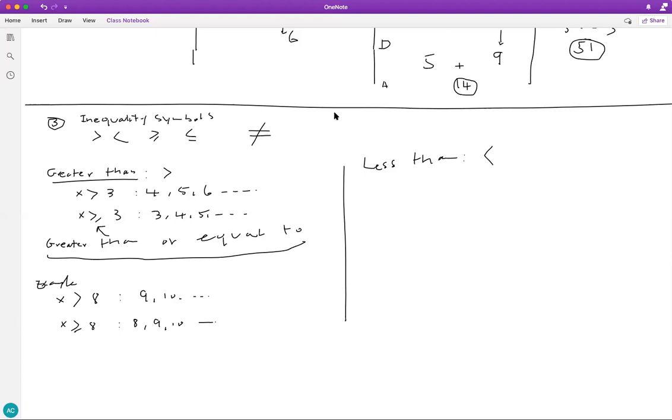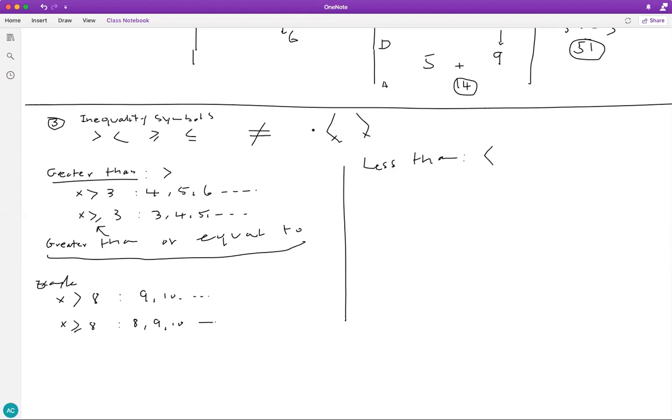If that helps, you can think of these as, when you put them next to each other, this kind of looks like 4, and this kind of looks like 7. If you forgot which one is which, 4 is less than 7, right? So that's how you know this is the symbol for less than. And this one looks like 7, so 7 is greater than 4. That's how you remember that this one is the symbol for greater than.